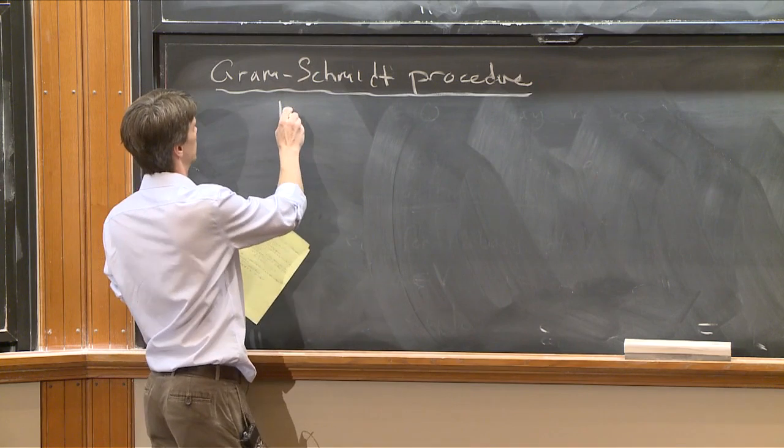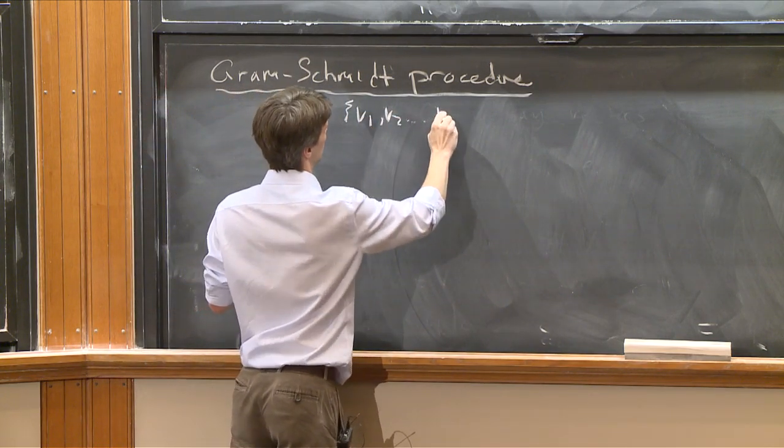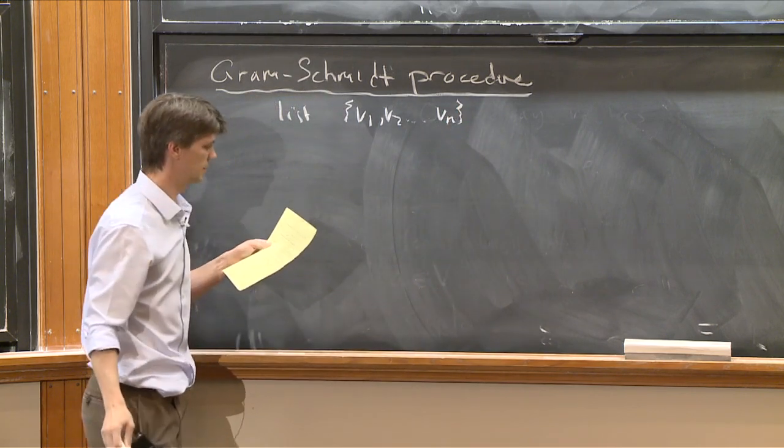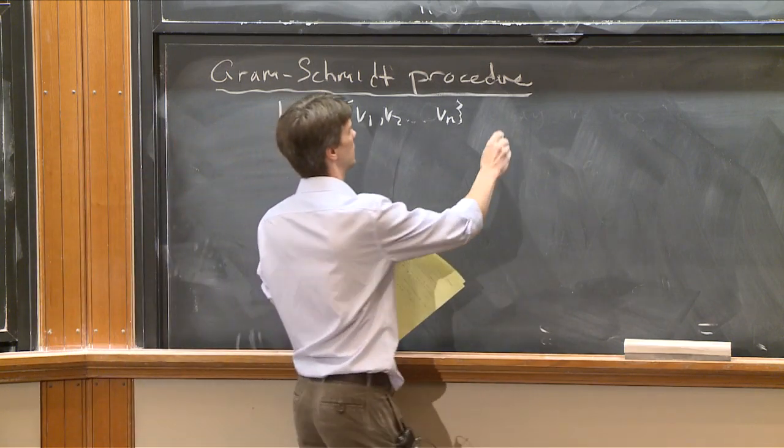We have a list V1, V2, up to Vn of vectors in our vector space that are linearly independent.